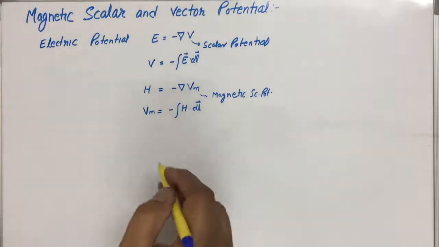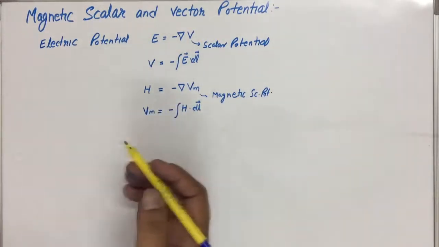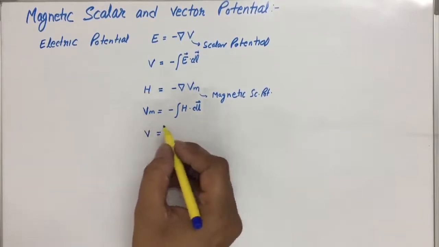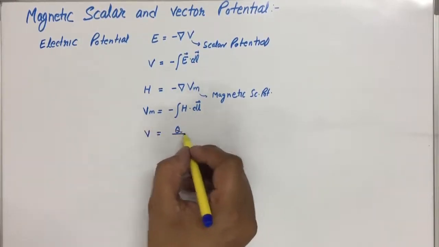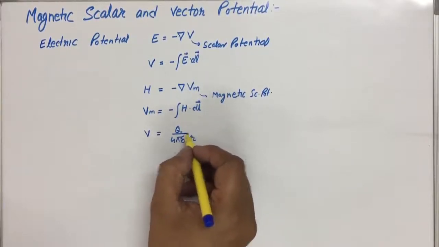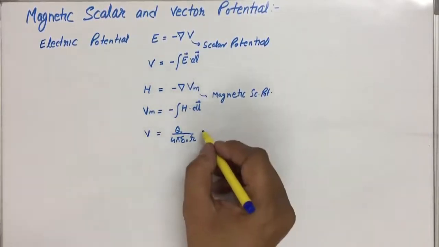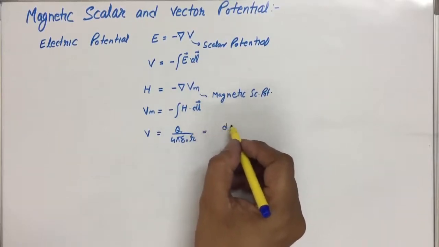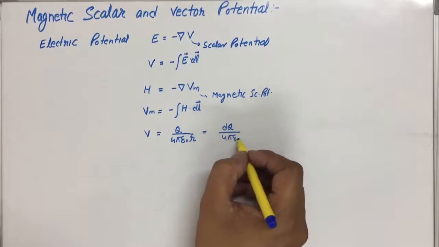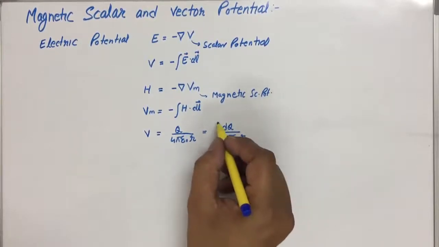Following this, in electrostatics we have the potential equal to kq by r, and for a small charge we have dq by 4 pi epsilon naught r for the full charge.